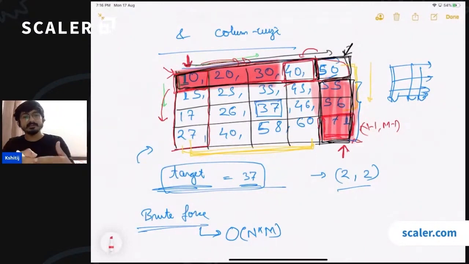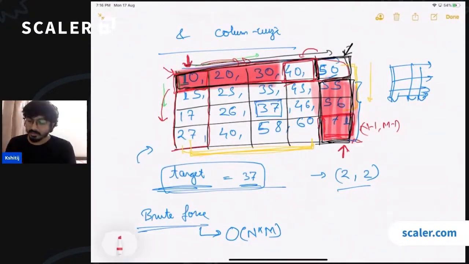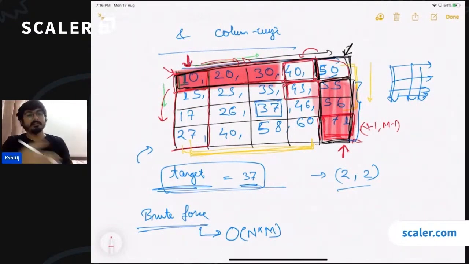So I can discard this complete row. Now I can start my search from this cell which has 45. Again, I can check whether the target is smaller than 45 or greater than 45. So at every step, I am able to make a decision of either discarding one row or discarding a column.